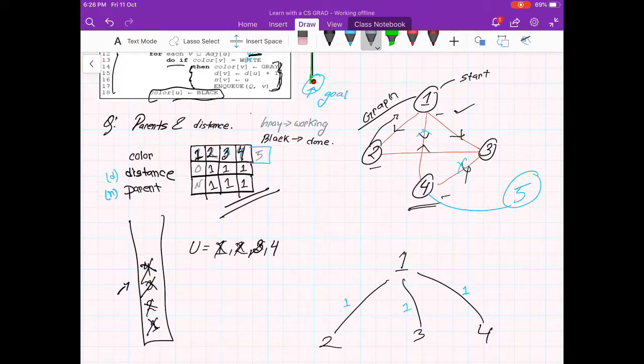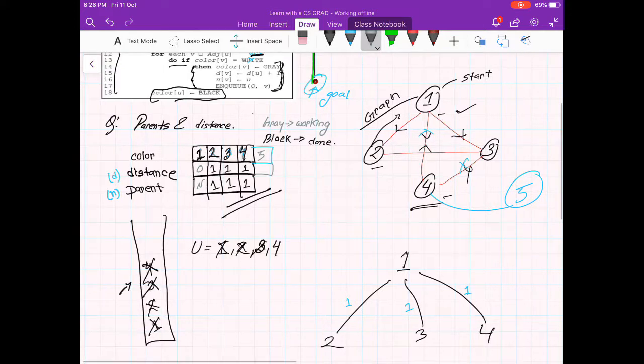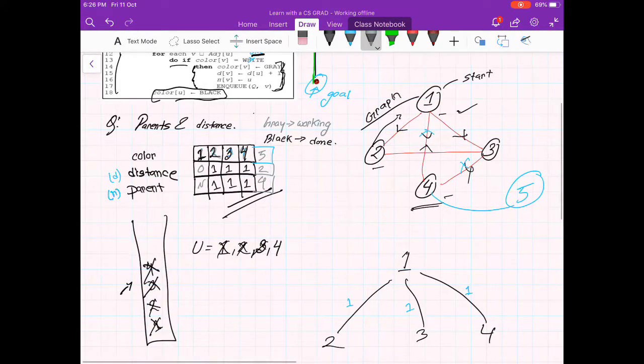So let's gray out 5 and put the distance here, du plus 1. So here u is 4, so 1 plus 1 would be 2 here, and the parent of 5 would be 4, and then we enqueue 5 into the queue.